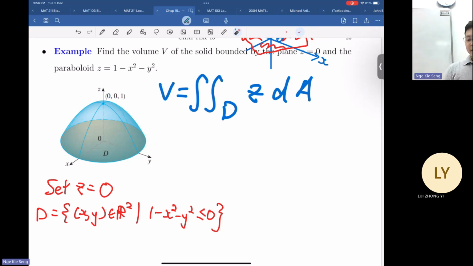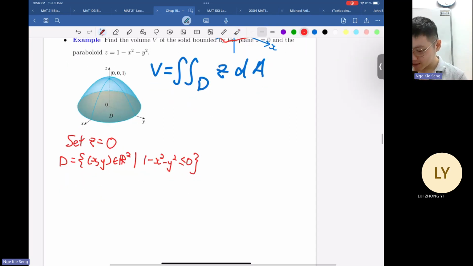So how to integrate this? Do you want to use polar coordinates or rectangular coordinates? Let me draw one more picture here. So what's the domain picture here? The domain picture is like this.